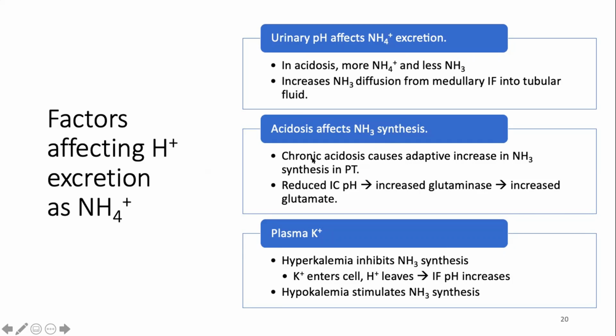For example, chronic acidosis can cause an adaptive increase of ammonia in the proximal tubule from glutamate metabolism. And then hypokalemia, meaning low potassium, can also increase ammonia synthesis. And of course, if you have more ammonia, then you can have more of this H+ excreted.